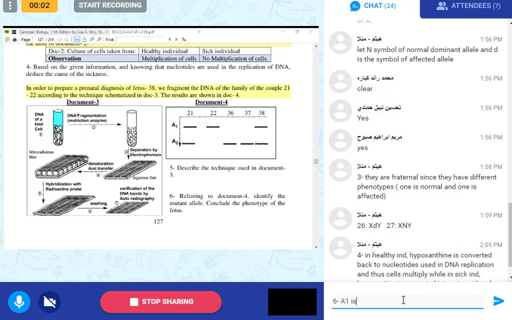A1, like Mariam said. Is 22 male or female? Maybe it can be male.